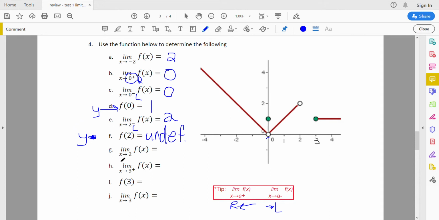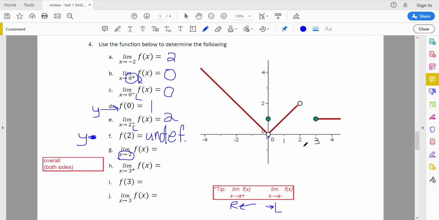Okay, g is a little interesting. I'm asked for the overall limit as x approaches 2. Again, when there's no exponent, when I'm not asked for the right or the left side, I'm thinking, what's my overall limit? I'm thinking about what's happening on both sides. I need to consider both sides. I know that my left-hand side is coming up to a y value of 2.